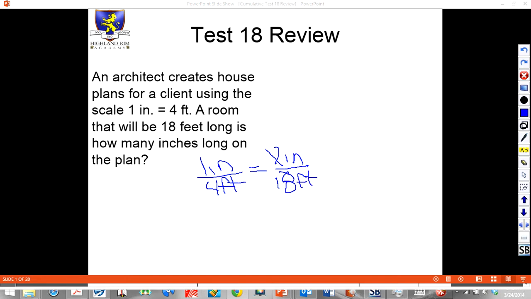So basically what that breaks down to is x inches is equal to 18 feet over 4 feet, my bad. Okay? And that's equal to 4.5 inches. So it's really not that hard to do. So that's our first problem. Let's move on to our next problem.